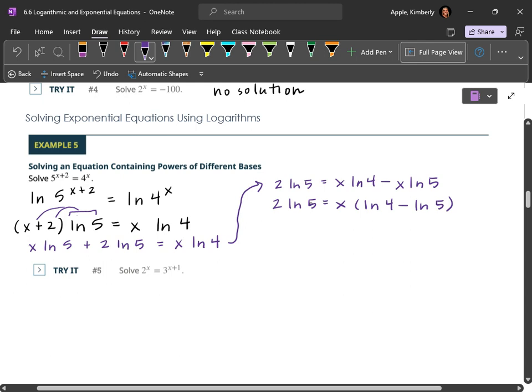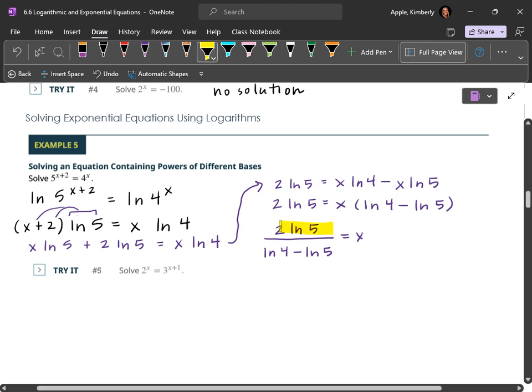And then if we want to solve for x here, we're essentially just getting x by itself. So we can divide by this entire quantity because it is in fact just a number. So this will be 2 ln of 5 over ln of 4 minus ln of 5. And now that x is isolated, this is our answer.